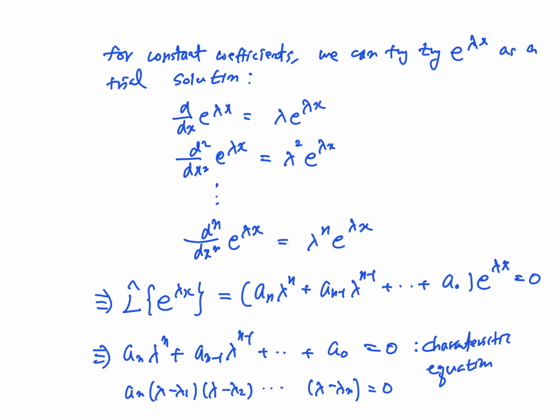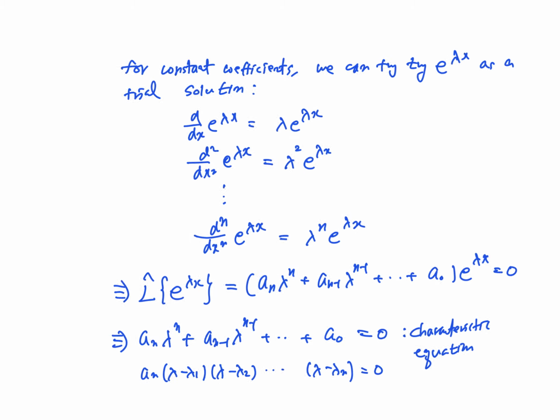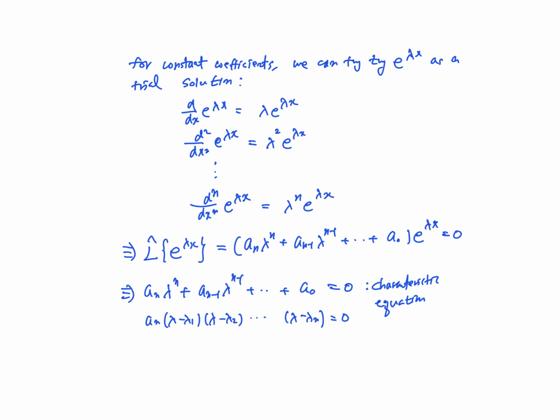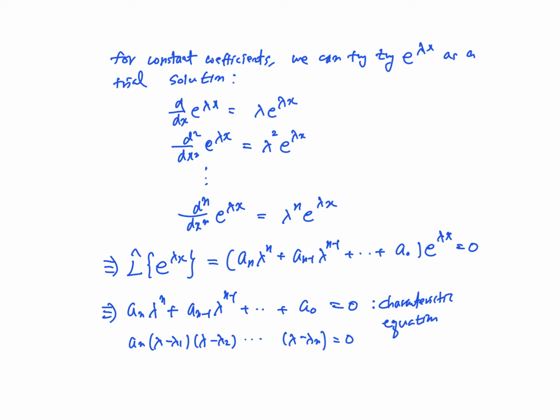So you can factorize, and then lambda is lambda 1, lambda 2, ..., lambda n.